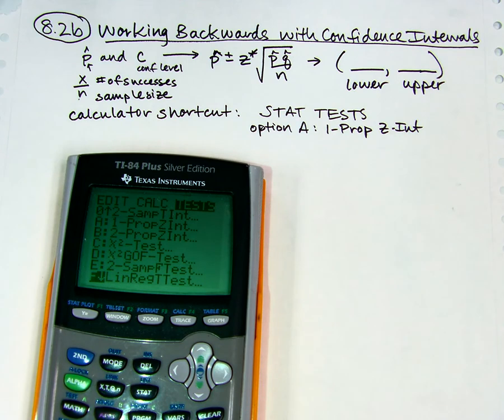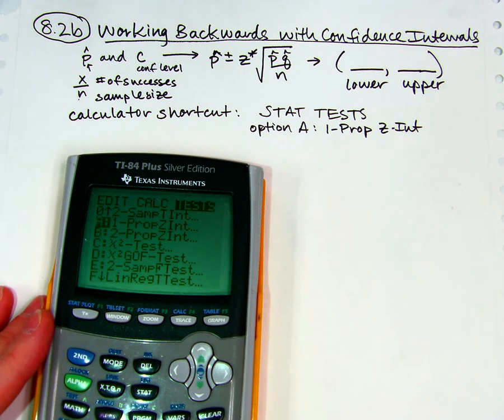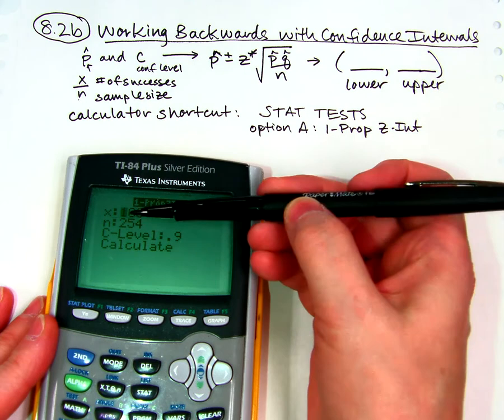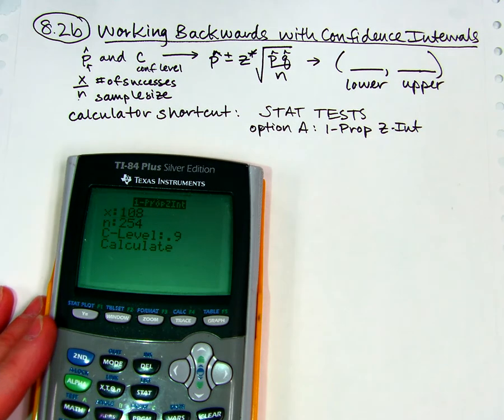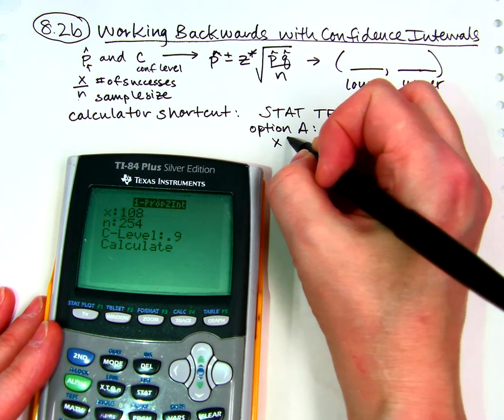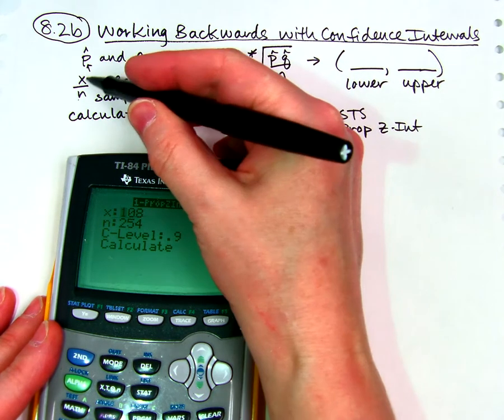If you choose that option, let's have a look at what they want you to enter in this lovely calculator. They want three numbers: X, N, and the confidence level. You might recognize these numbers from the warm-up because that's where they came from. Let's talk about what X is and what N is. X is that top number of p hat.